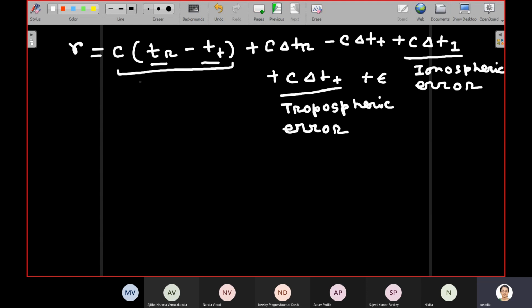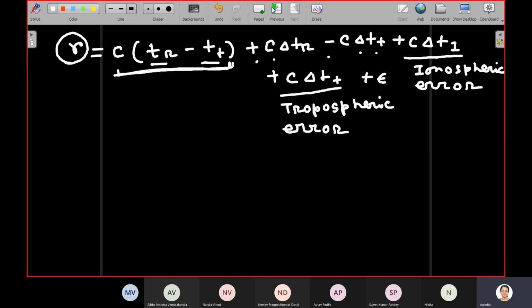Now we'll also make some correction. What we are actually measuring here is the actual geometric distance plus all these different errors: user clock error, satellite clock error, ionospheric error, tropospheric error, and some epsilon. So what we are actually measuring is range plus error.